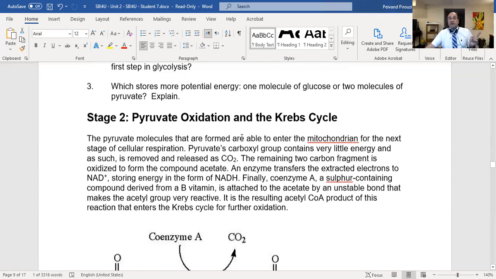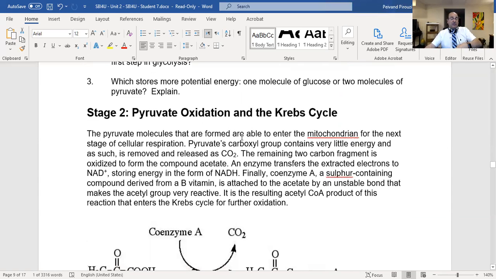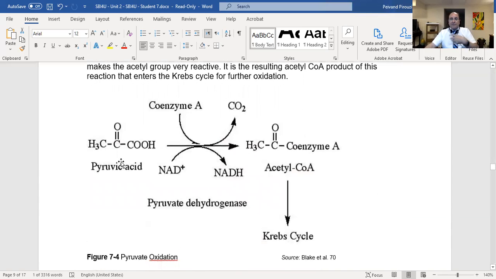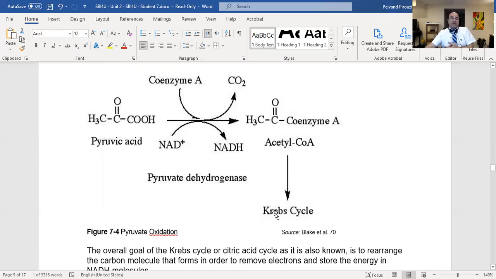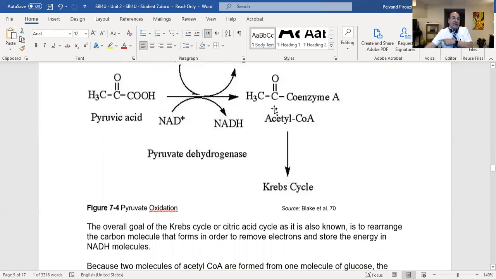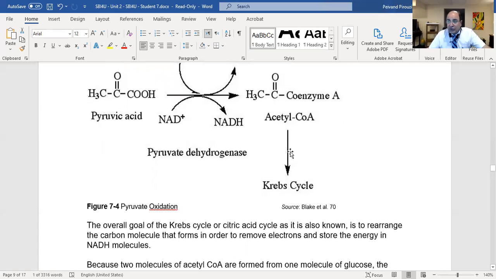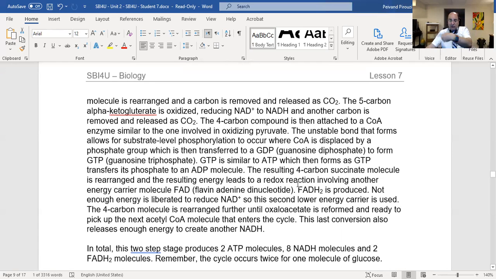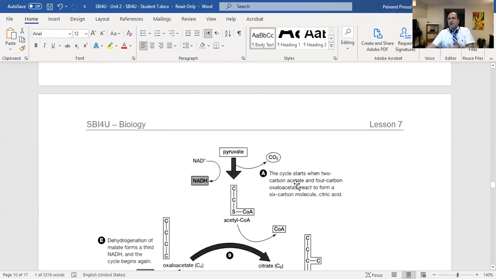This is where pyruvate that goes into the mitochondrion is going to get into the Krebs cycle. How? Pyruvate is going to give us a molecule of acetyl coenzyme A or acetyl-CoA, and acetyl-CoA is going to be used in the Krebs cycle. So within the Krebs cycle, again, you can read that, of course, to go into more detail.